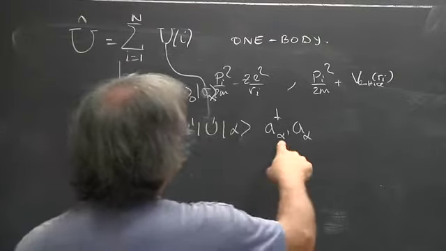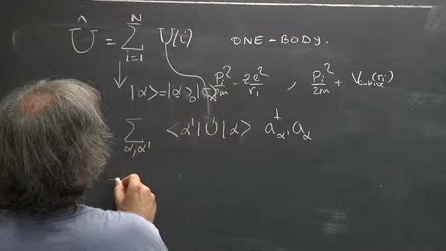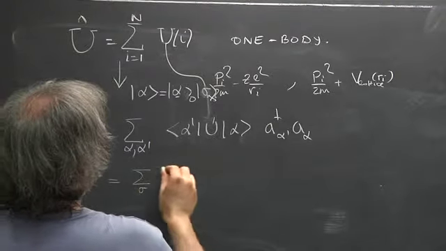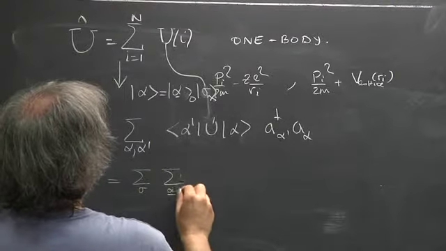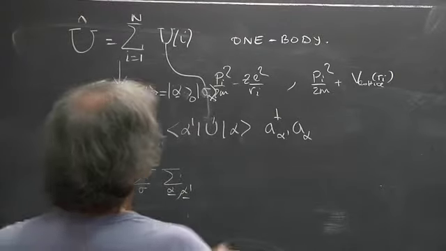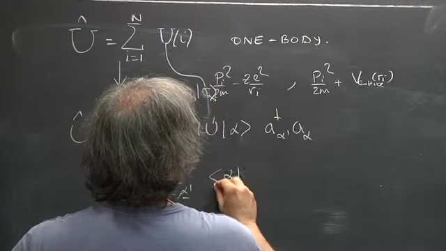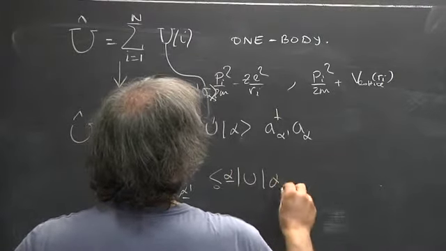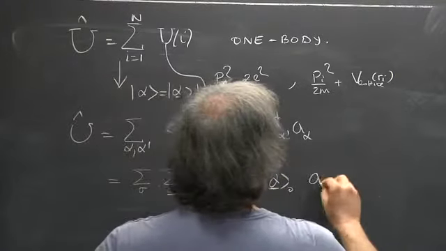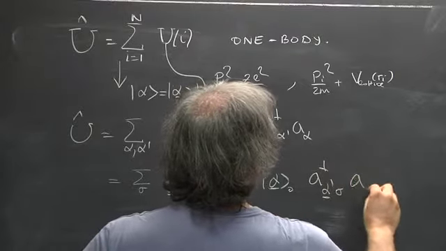So for instance, if I make the spin explicit, then I should write something like the sum over the spin sigma, and the sum over alpha and alpha prime, only the orbital part of the quantum numbers. Then I have the orbital part of the state, the operator, the orbital part of the state, and then I have a dagger alpha prime sigma a alpha sigma.